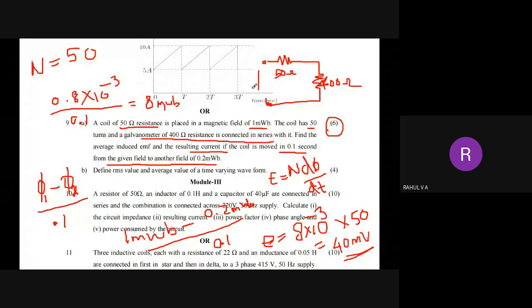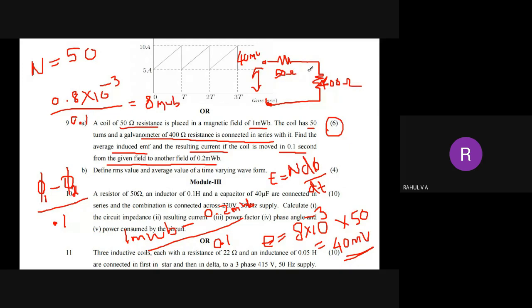So this 40 millivolt is actually connected across this resistance. What is the total current? They are asking the second question: the induced EMF is 40 millivolt, find the resulting current. There are two resistances: one is your coil resistance of 50 ohm, and then there is a galvanometer of 400 ohm.